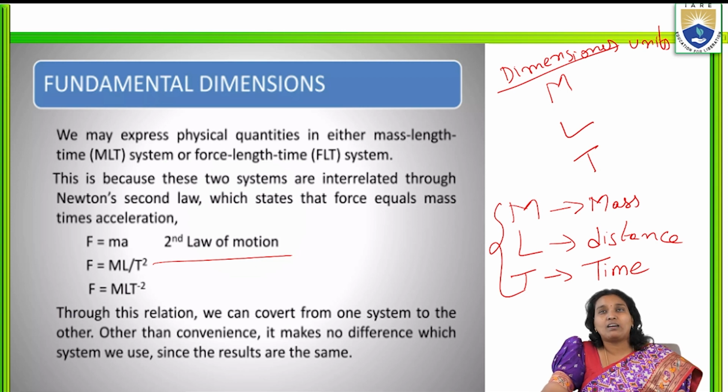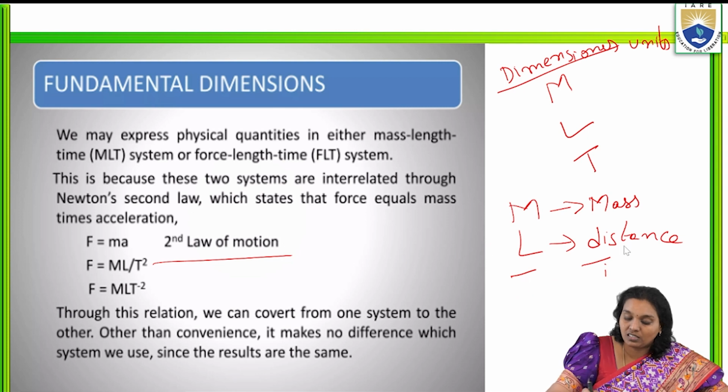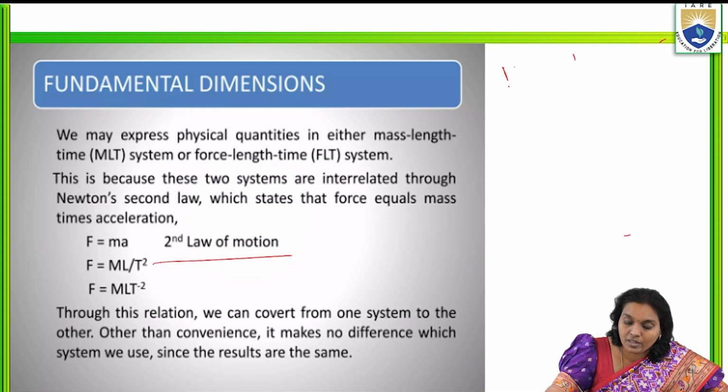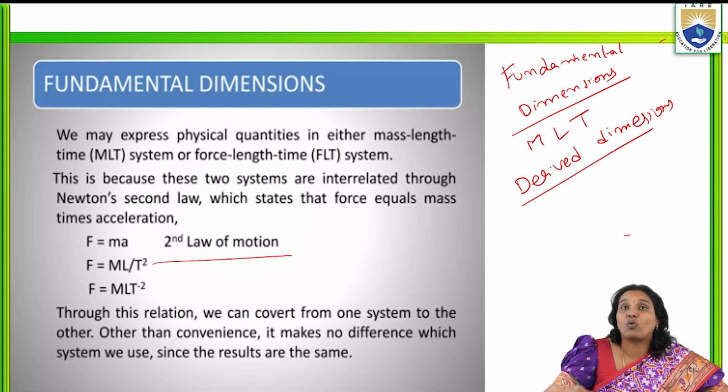Based on the fundamental dimensions, we have two different kinds of dimensions: fundamental dimensions M, L, T, and derived dimensions, which are derived from fundamental quantities.